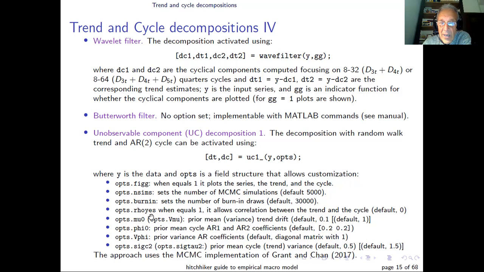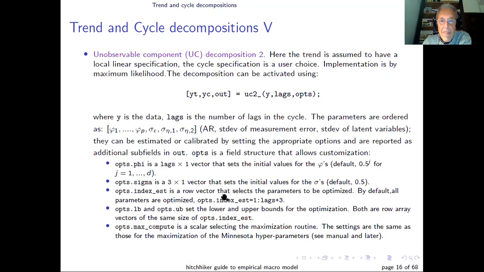And then there's an intermediate option, which is called rho yes, which if set equal to 1, allows for the trend and cycle to be correlated. If this option is not set, the default is 0.